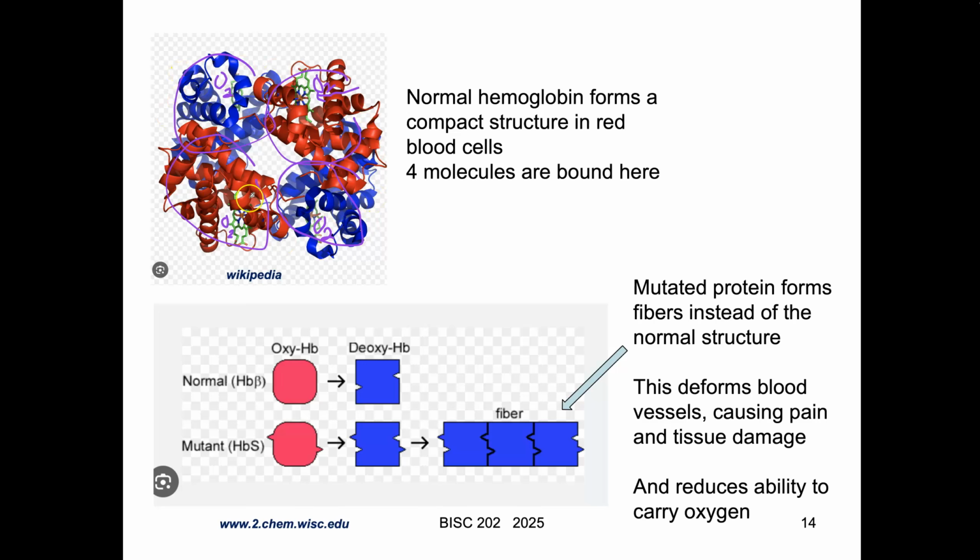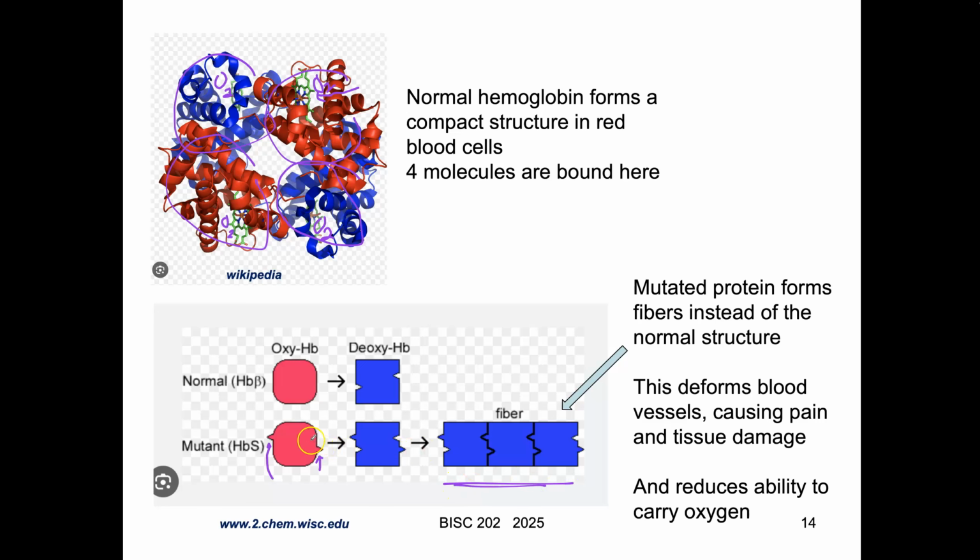And so this is the normal way. And so oxygenated and deoxygenated are just indicated this way. But the mutant has this sort of sticking out part of it that causes not the correct binding, but causes a fiber to form instead.